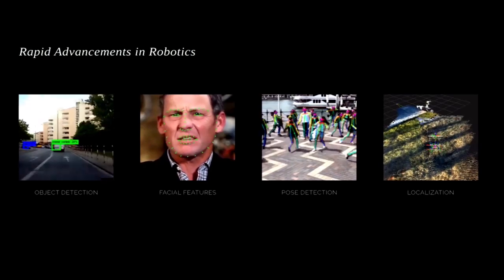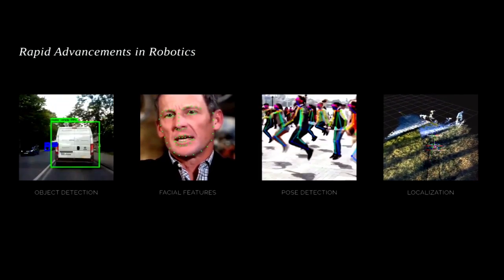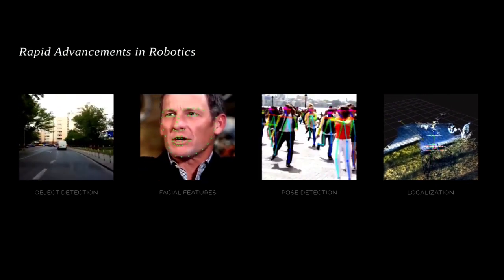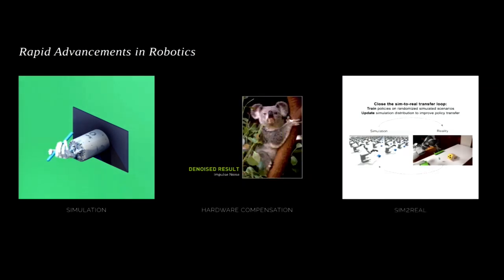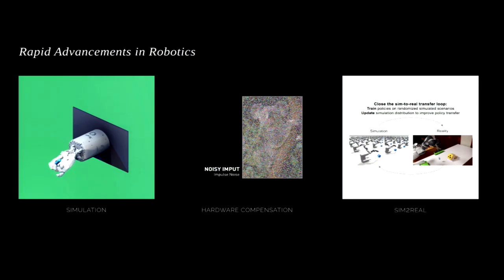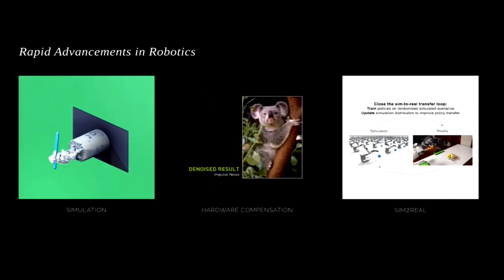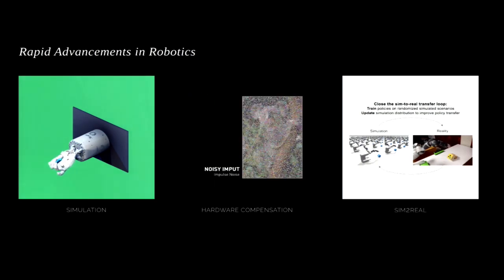They're helping them see, reason, and get from point A to point B, and these are becoming trivial tasks at this time. There have also been lots of advancements in simulation, hardware compensation, and sim-to-real transfer. These are not quite commercialized yet, but are seeing lots of progress in research domains.